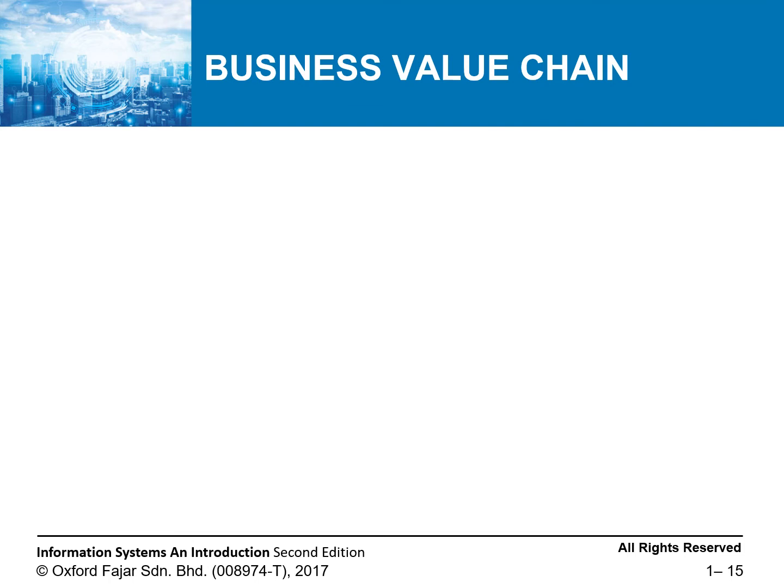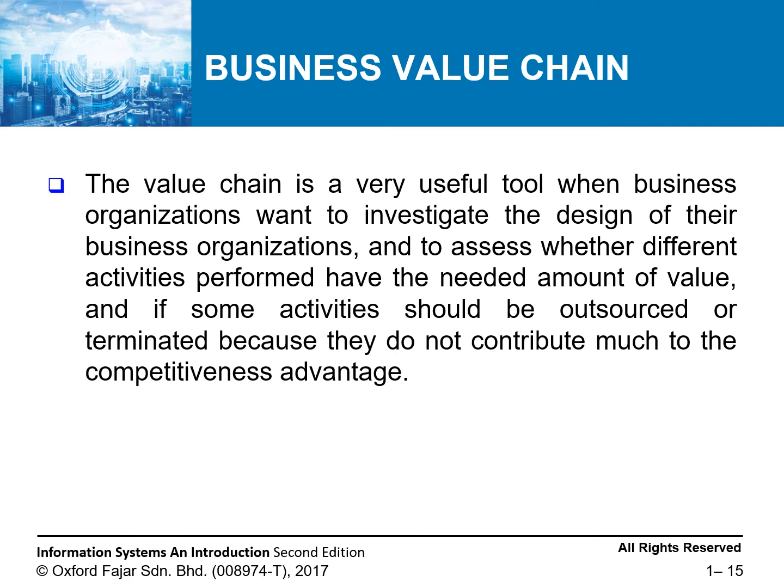Next is about the business value chain. Actually, the value chain describes the activities within and around the organization that create the final product or service. This value chain is a very useful tool when the business organization wants to investigate the design of the business organization, and also to assess whether the different activities performed have the needed amount of value, and if some activities should be outsourced or terminated because they don't contribute much to the competitive advantage.